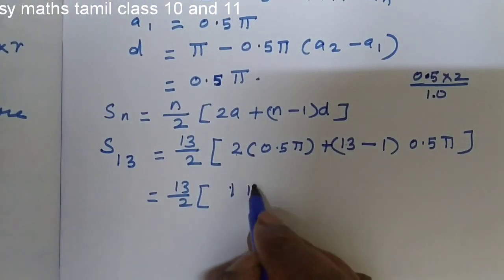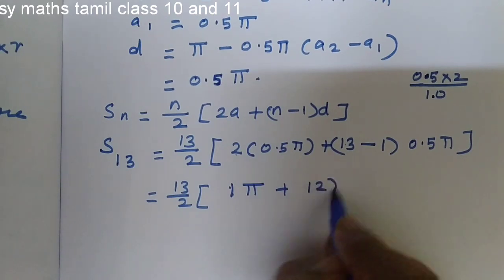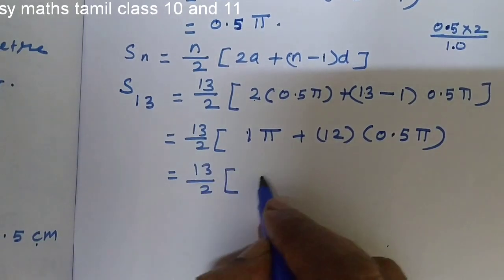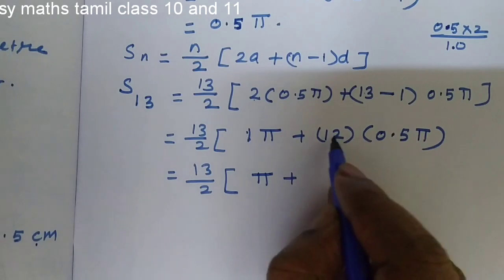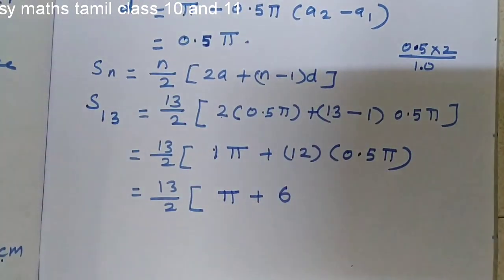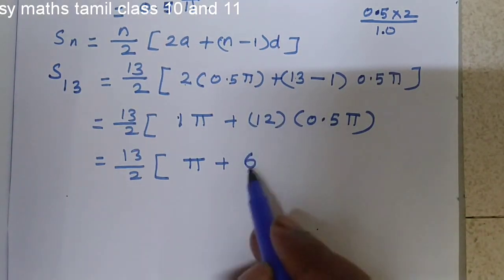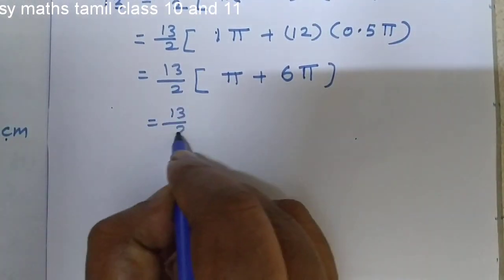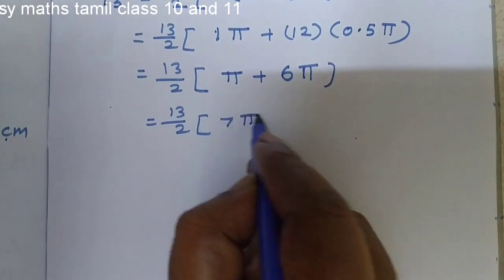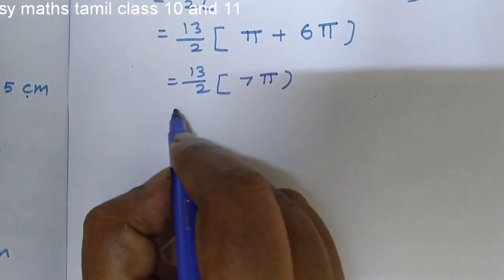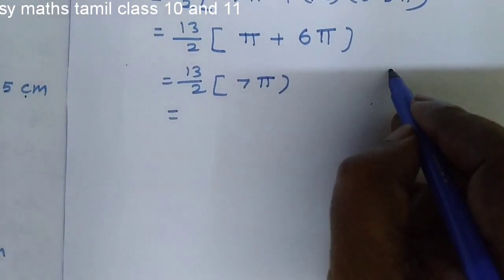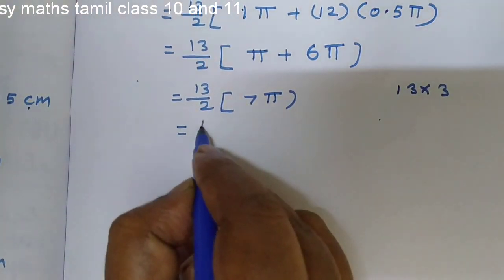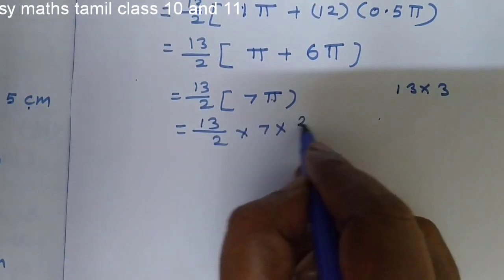So 1 pi plus 13 minus 1 is 12 into 0.5 pi. 13 by 2 into pi, 1 into pi is pi, plus 12 into 0.5 is 6, 6 pi. 13 by 2, 6 pi plus pi, 7 pi. 13 by 2 into 7 into pi, the value of pi is 22 by 7.